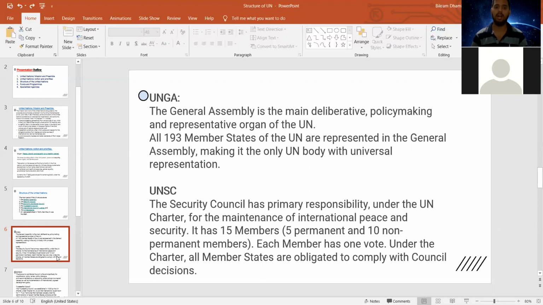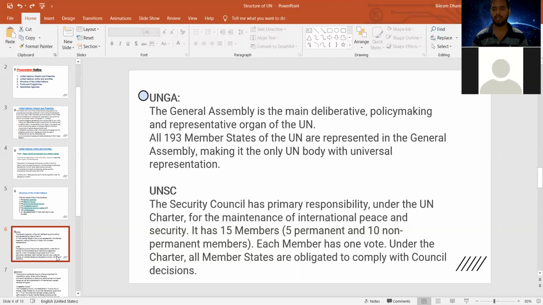So it is deliberative. It deliberates many types of policies, and it represents the states in the United Nations organs. So this is the first organ, known as the United Nations General Assembly.